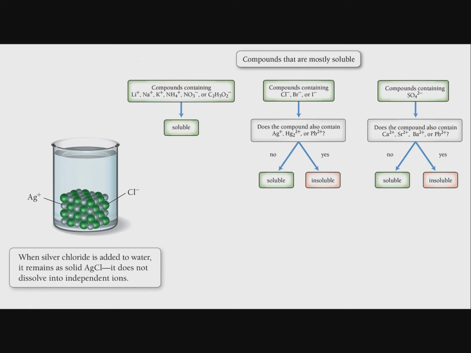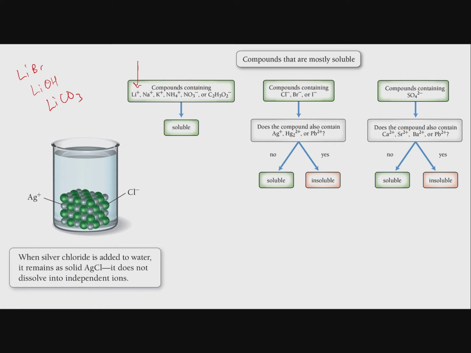You can see here, for example, solubility rules indicate that compounds containing lithium ion are soluble, right? Compounds such as lithium bromide, lithium hydroxide, lithium carbonate, LiBr, LiOH, Li2CO3. These would dissolve in water to form strong electrolyte solutions.